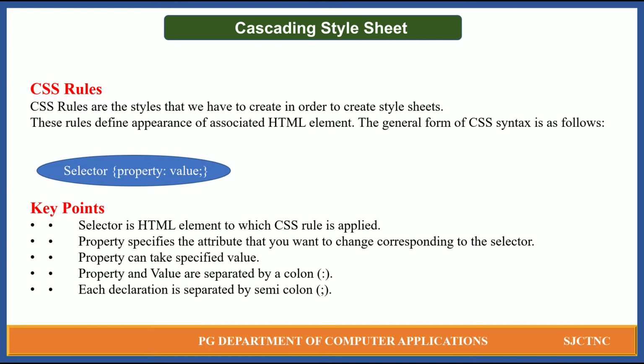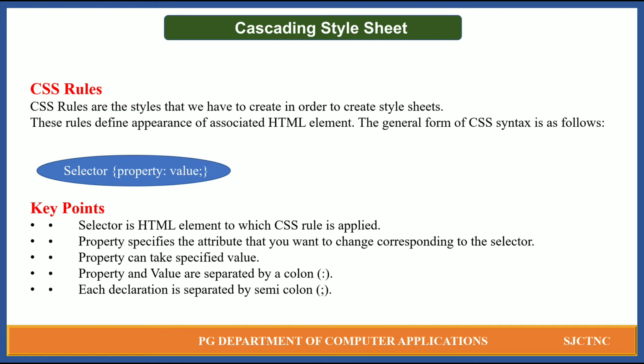We can see the key points. Selector is the HTML element to which the CSS rule is applied. Property specifies the attribute that you want to change corresponding to the selector.